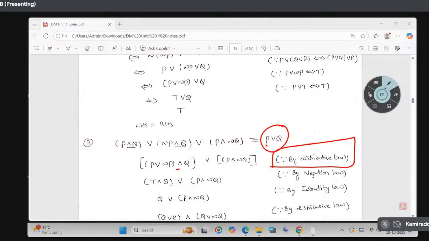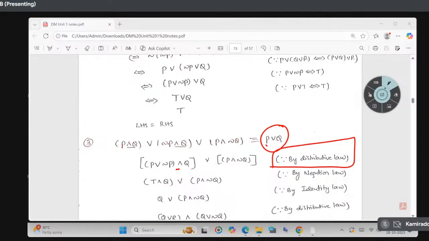So what I am trying to apply? I am trying to apply this particular entire thing I am drawing. So here I am having P or negation P, Q. So here I can take from these two values, I can take Q as common. I have taken it. P or negation P I am keeping as it is.